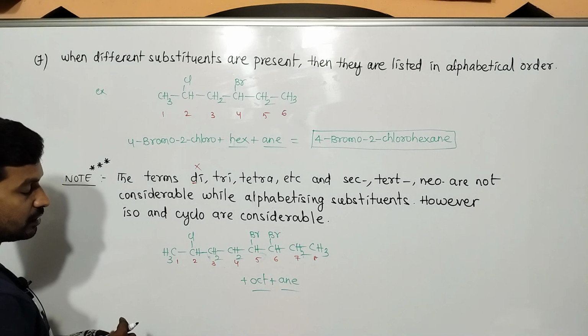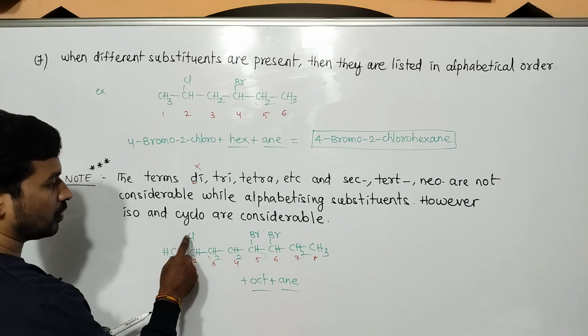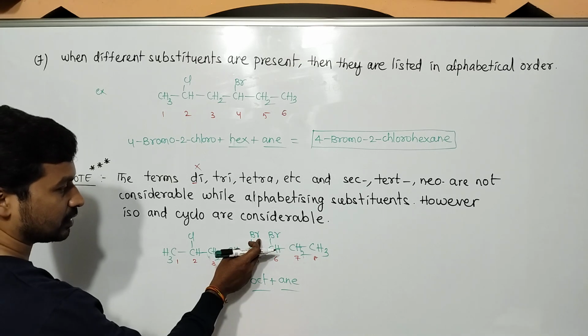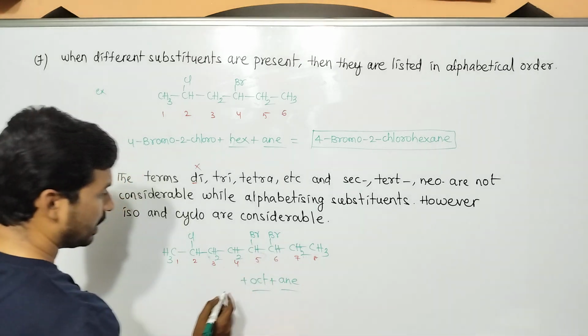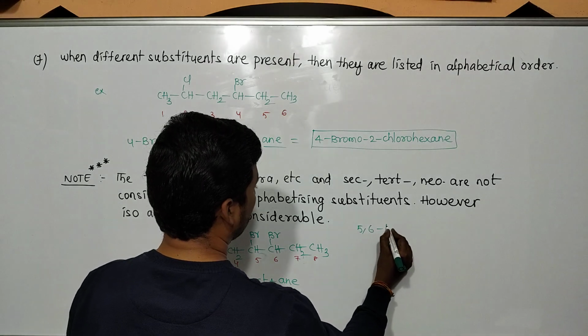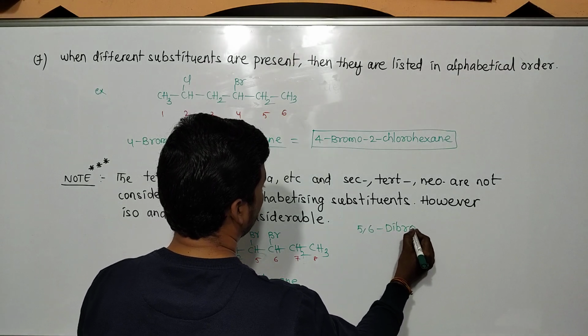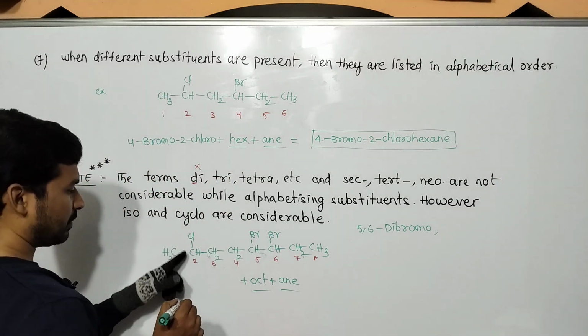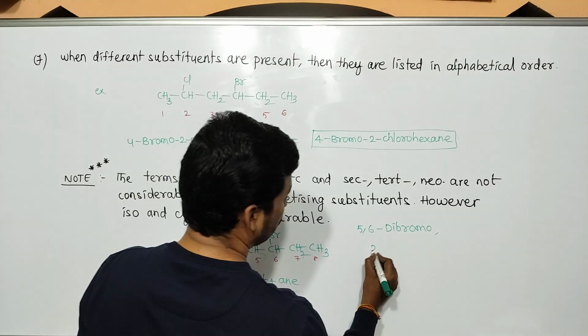What about the primary prefix? Chloro and bromo. Which one comes first? Bromo comes first. How many bromines? 2 bromines, 5, 6 dibromo. This is one primary prefix. The other primary prefix is 2-chloro.